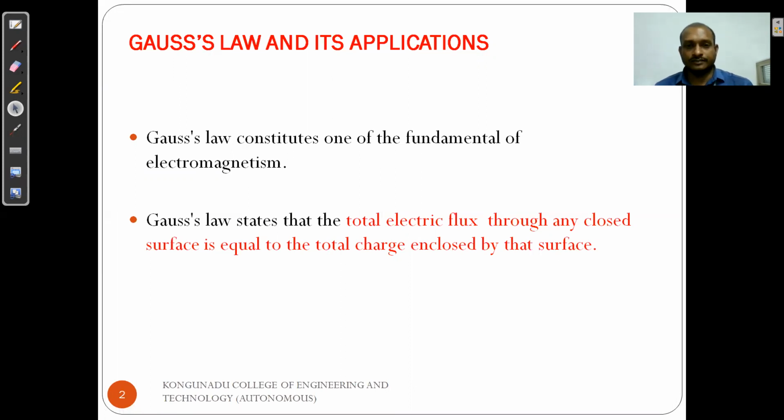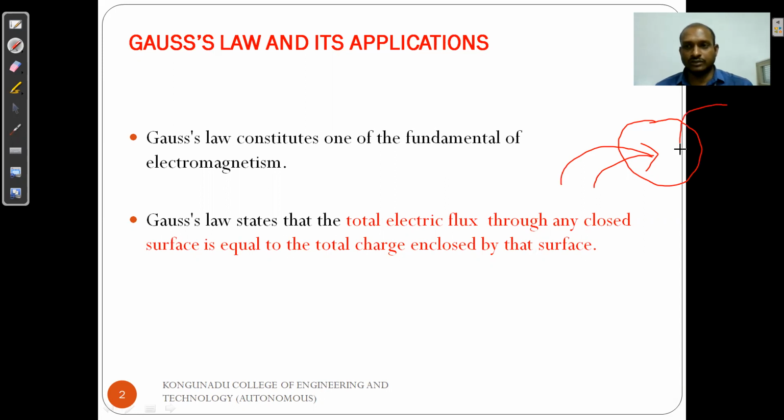It states that the total electric flux passing through any closed surface is equal to the total charge enclosed by that surface.